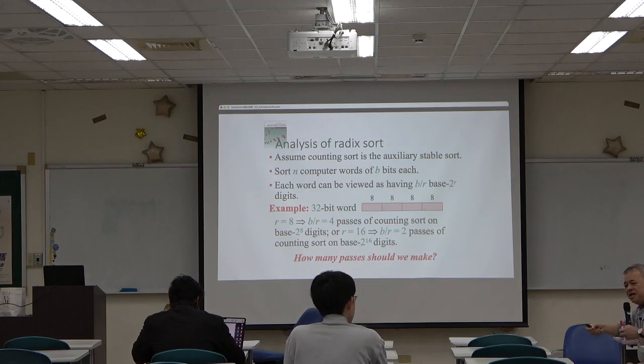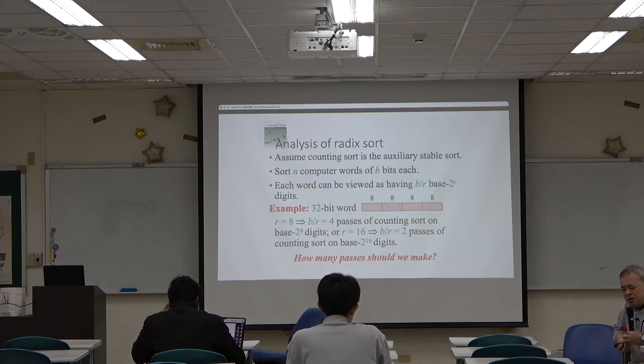depending on your system, each system may have different bits for one word. I think you probably have learned that from your computer architecture class, right?